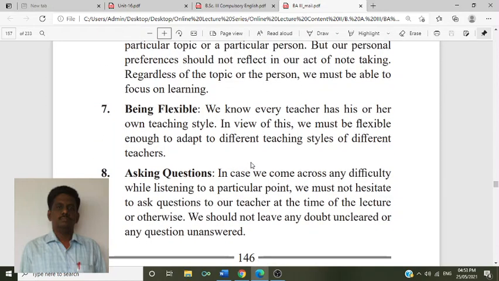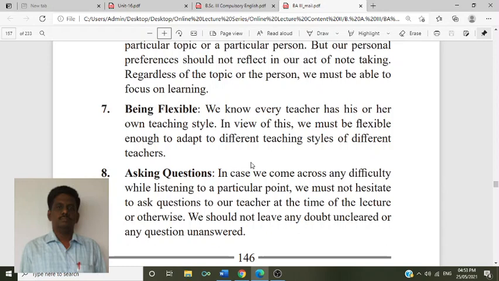Then being flexible. We know every teacher has his or her own teaching style. In view of this, we must be flexible enough to adapt to the different teaching styles of different teachers. Many times you also observe that a few teachers write on a blackboard, a few never use a blackboard, a few read aloud in the classroom, a few reject the idea of reading, or a few even dictate certain notes.